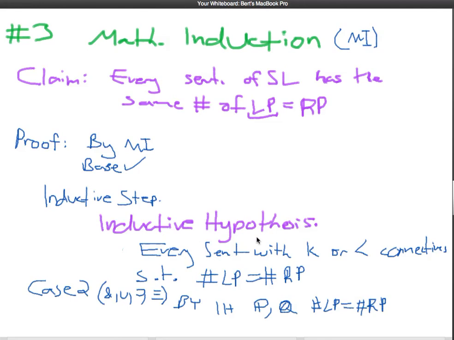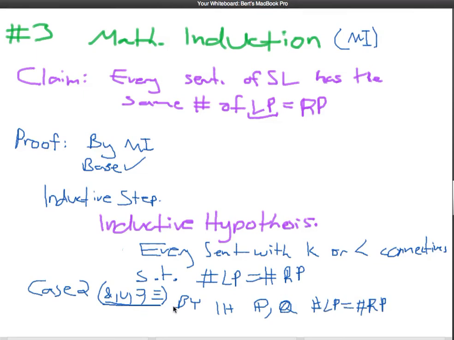That's what we get to assume by the inductive hypothesis. Now we need to show that under that hypothesis, by constructing the new sentences using these connectives with P and Q, the resulting sentence will also have the same number of left and right parentheses.